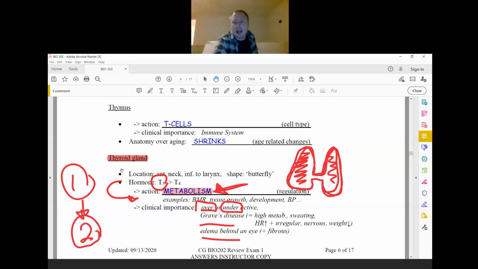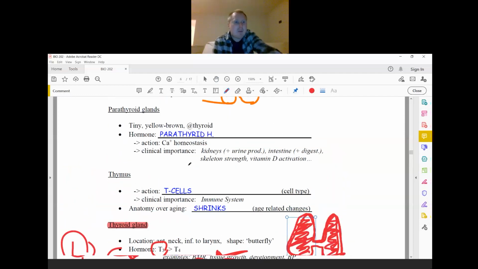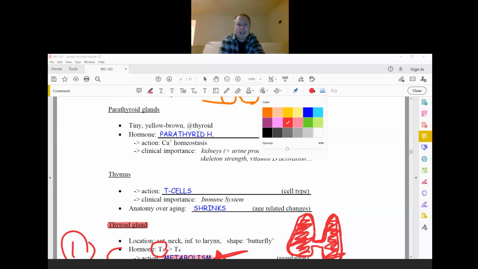So now that we've had a look at the thyroid gland, I'm going to go backwards and have a look at the parathyroid glands. The reason I wanted to talk about the thyroid gland first is because the parathyroid glands are located within the thyroid.